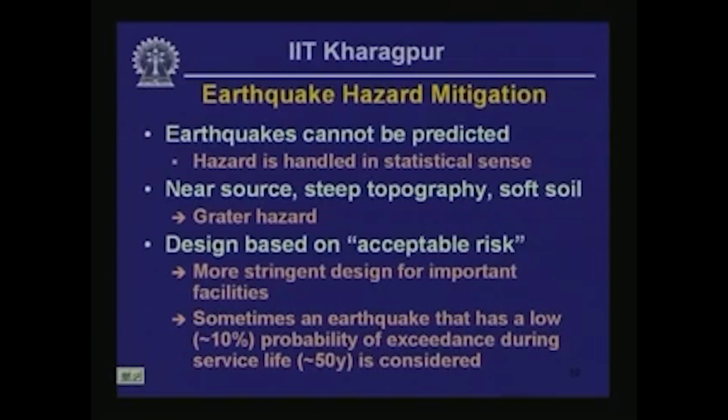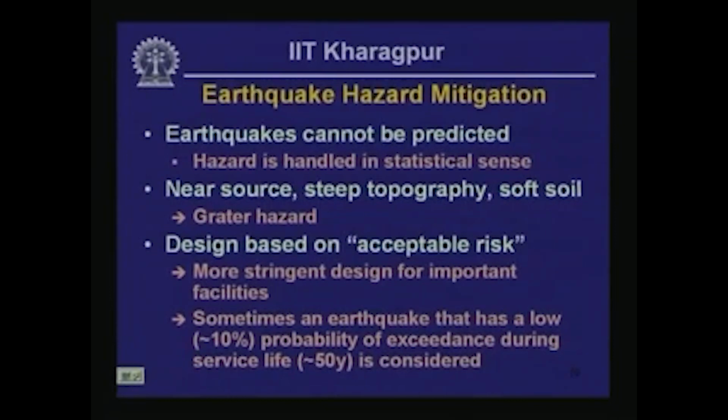Okay. Earthquake hazard mitigation. What are the procedures for earthquake hazard mitigation are discussed here. First of all, you need to realize that earthquakes cannot be predicted. So hazard is handled in a statistical sense.